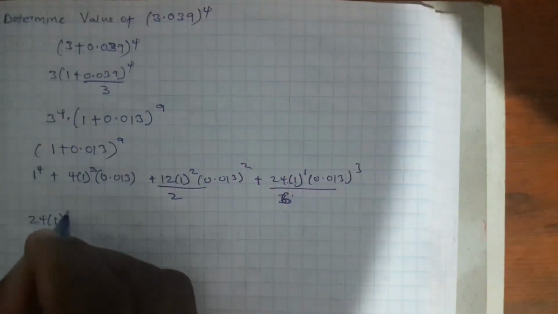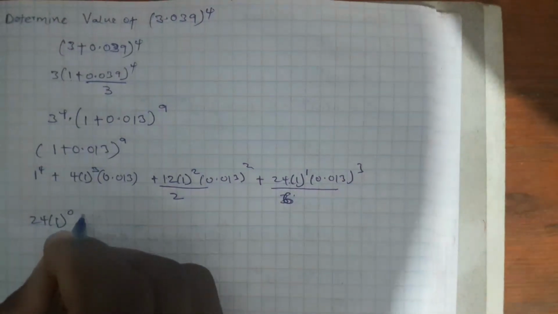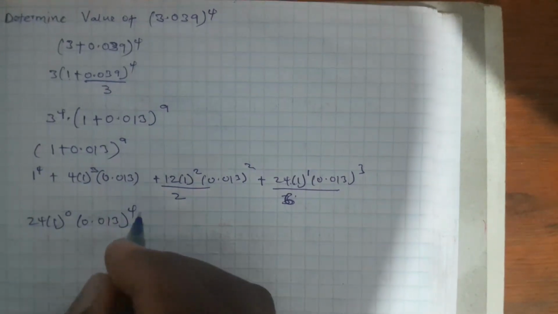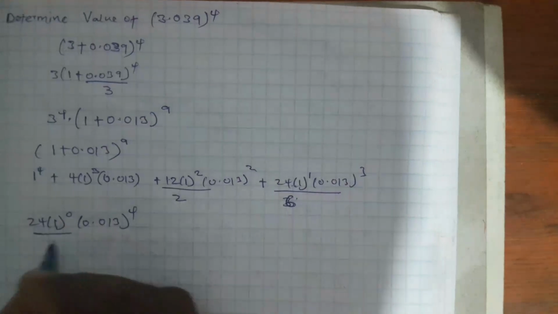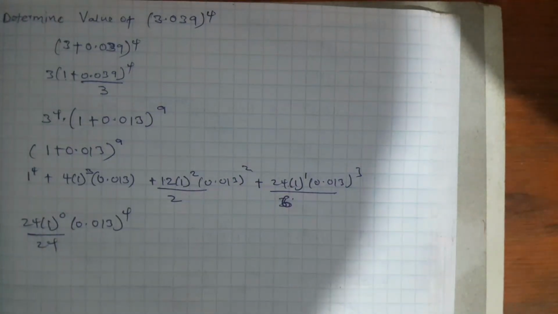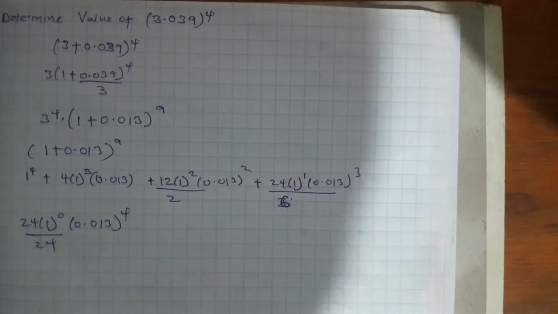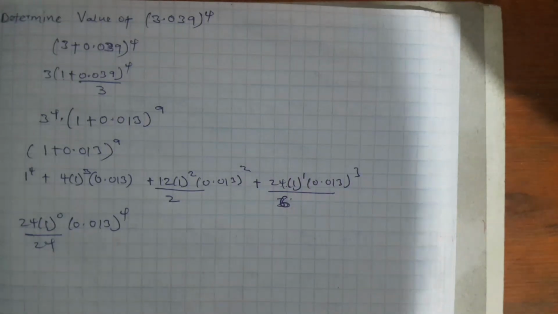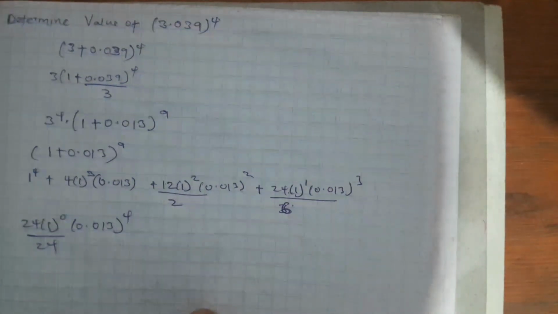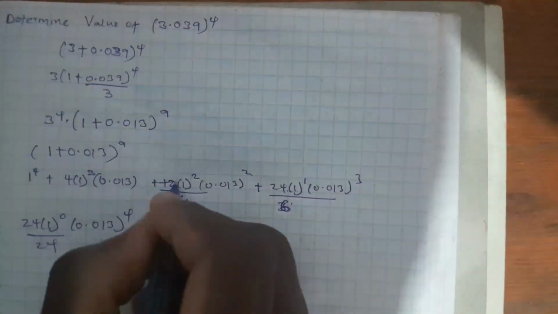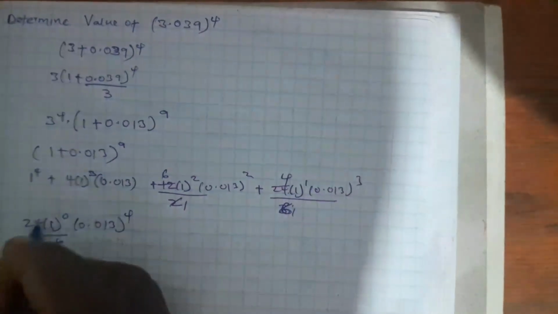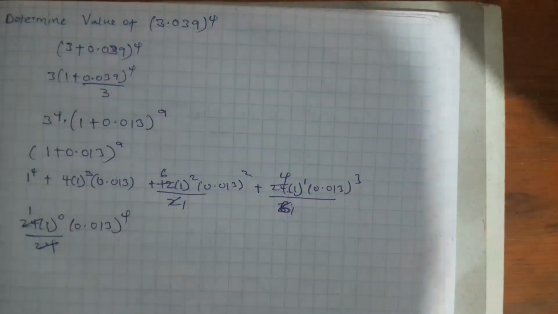We have 1 to the 0 power, 0.013 raised to power 4 over 24. 24 is 4 factorial, that is 4 times 3 times 2 times 1, and that gives you 24. Now when you work out and arrange this in a neat way, here you'll have 6, here you will have 4, and here you will have 1.